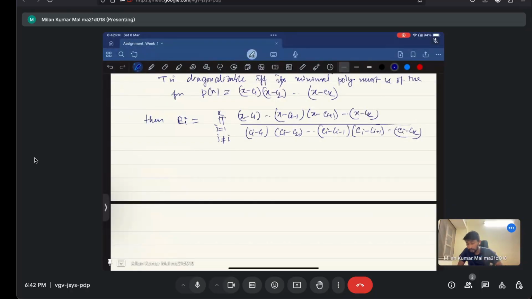So therefore, for a linear operator, I will discuss a problem on the basis of this.